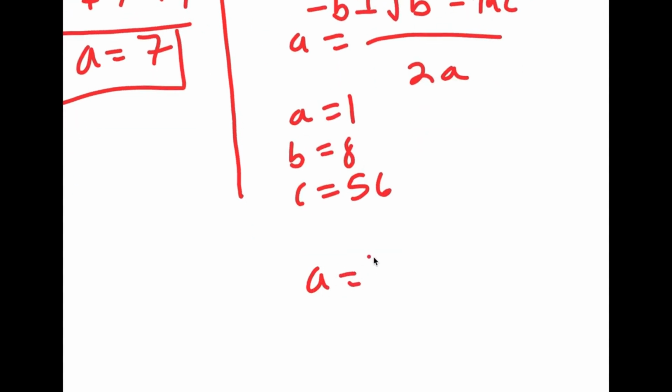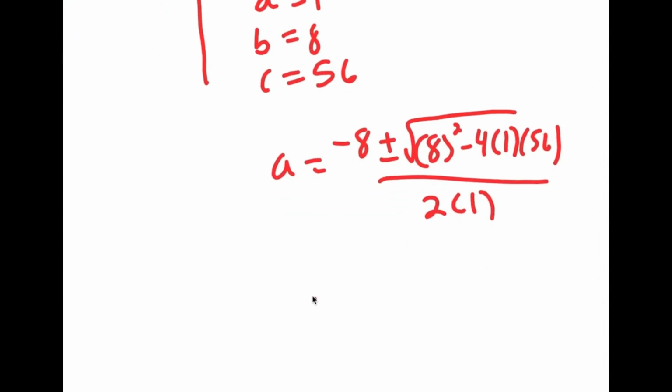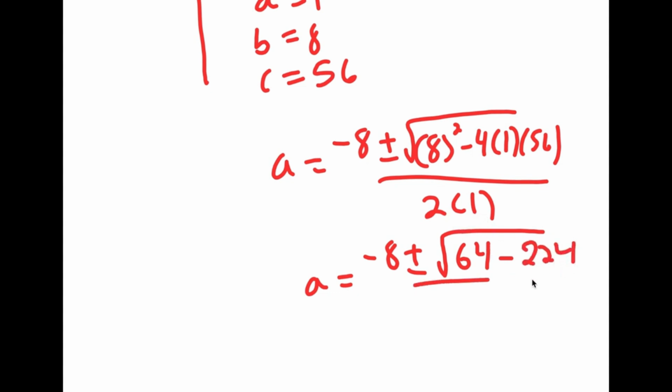So I get a is equal to negative 8 plus or minus the square root of b squared, so 8 squared, minus 4 times 1 times 56 all over 2a. And this is equal to negative 8 plus or minus the square root of 8 squared, which is 64, minus 4 times 56, which is 224, all over 2.